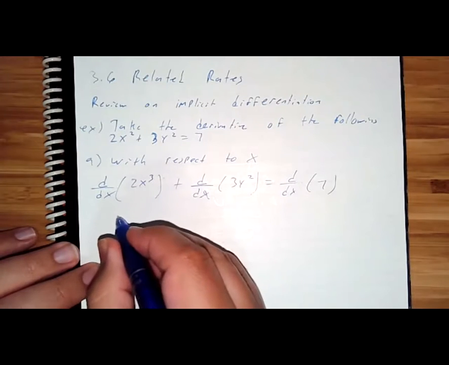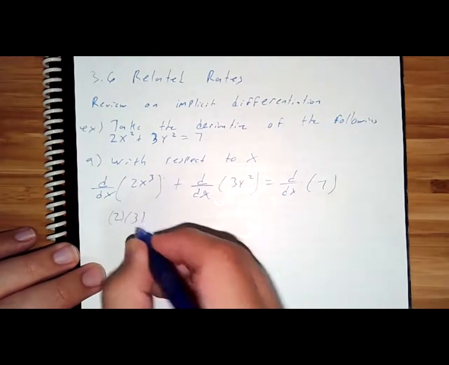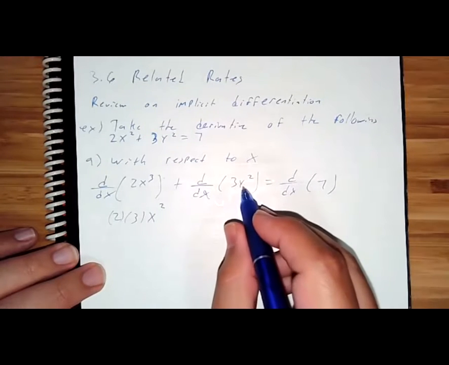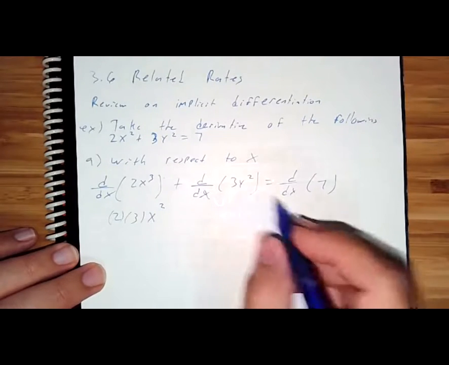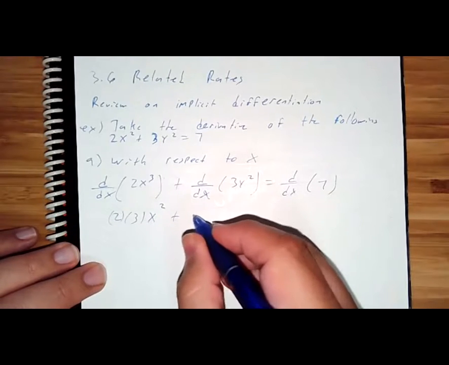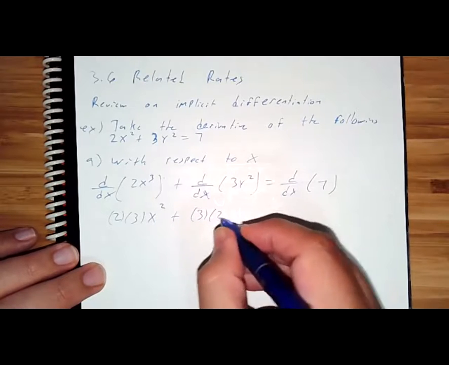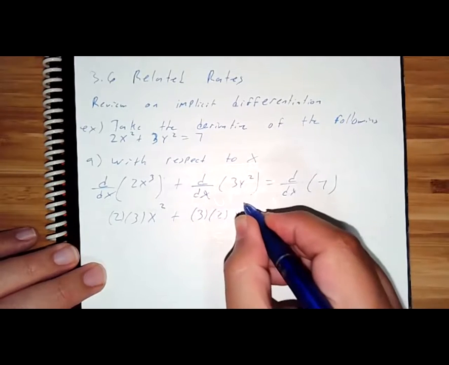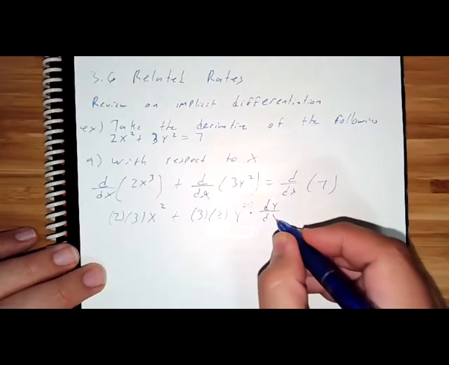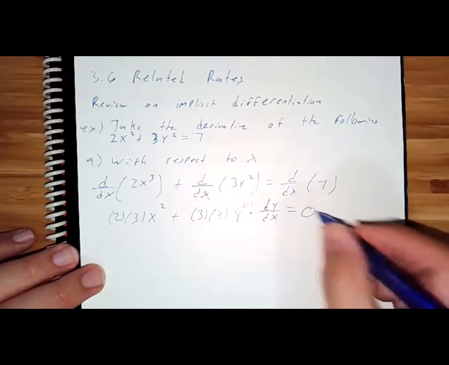It'll be 2 times 3, right? Subtract 1. This doesn't match. This is a y. So that will be the same rule. You bring down the 2, subtract 1, but you have to multiply by dy dx as a part of the implicit chain rule.